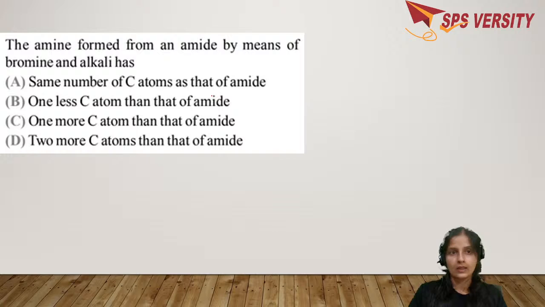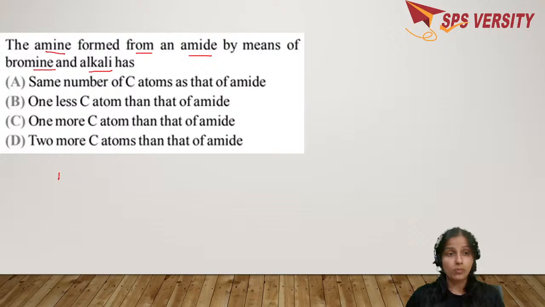Okay. The amine formed from an amide by means of bromine and alkali has the same number of carbon atoms as that of amide, one carbon lesser than that of amide, one carbon more than that of amide, or two more carbons than that of amide. First, you understand what exactly the question is. The amine formed from an amide. You are going to treat amide with bromine and alkali.